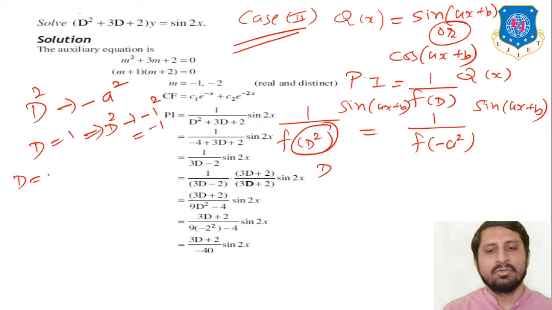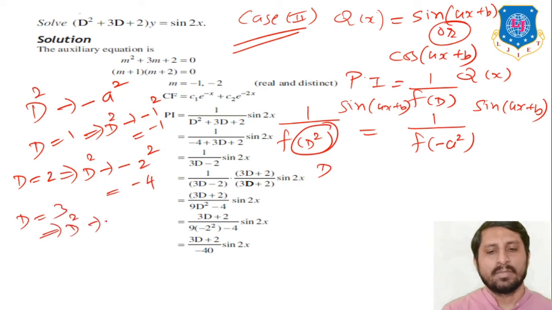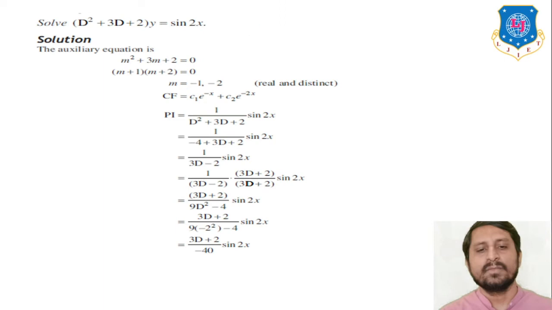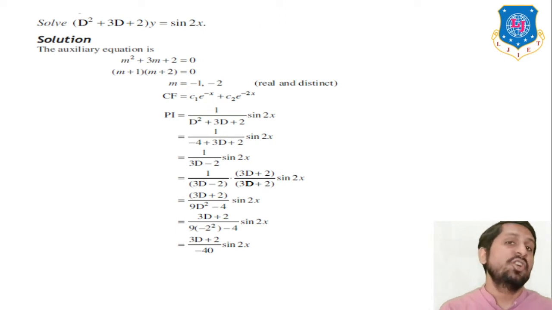Suppose your D is equal to 2, instead of D square I have to take minus 2 square, so minus 4. Suppose your D is equal to 3, instead of D square minus 3 square, so minus 9. Clear? Instead of D you cannot take any value, only instead of D square you can take minus a square.